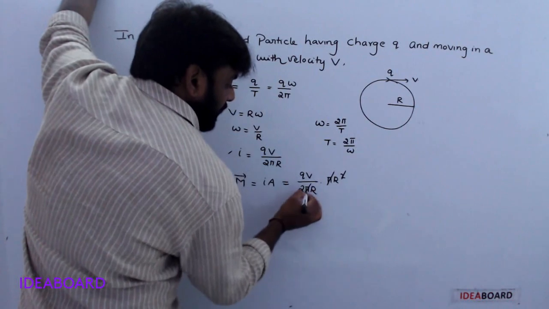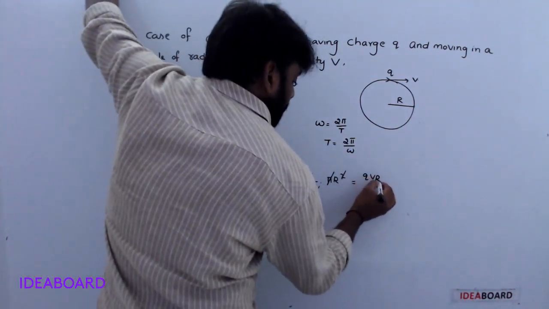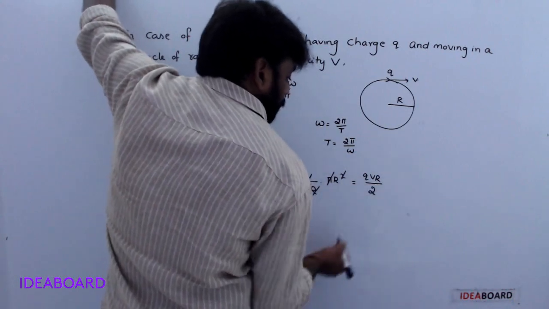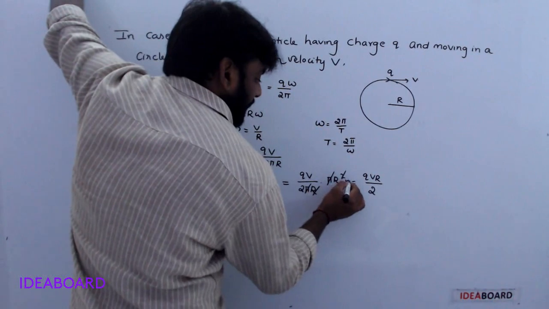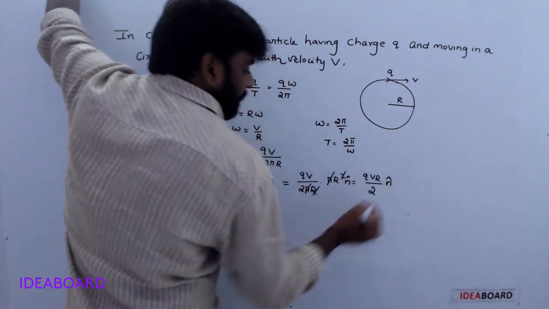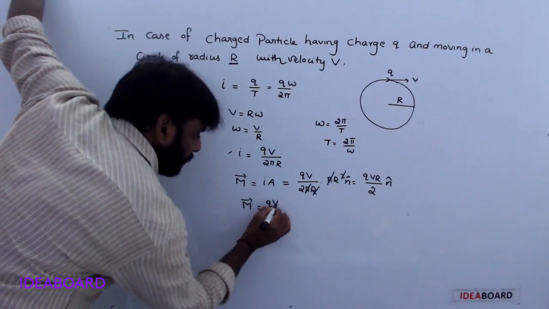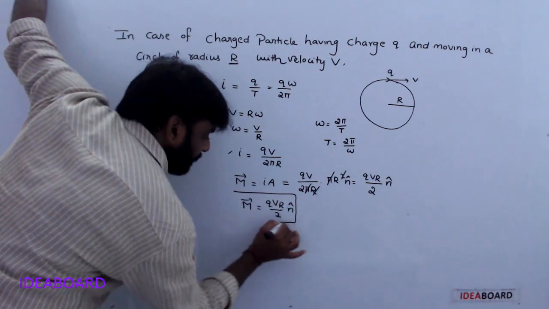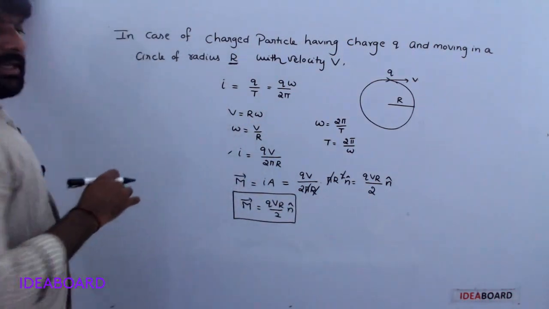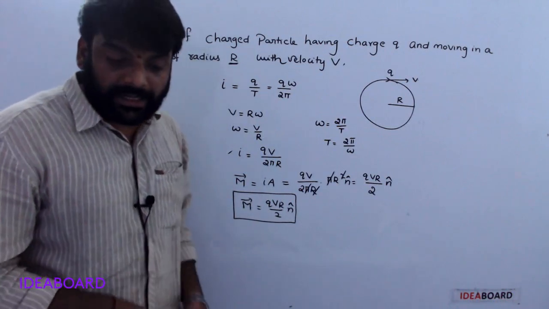Pi r cancels, giving qvr by 2. In vector notation, with n cap, m bar is equal to qvr by 2 n cap.